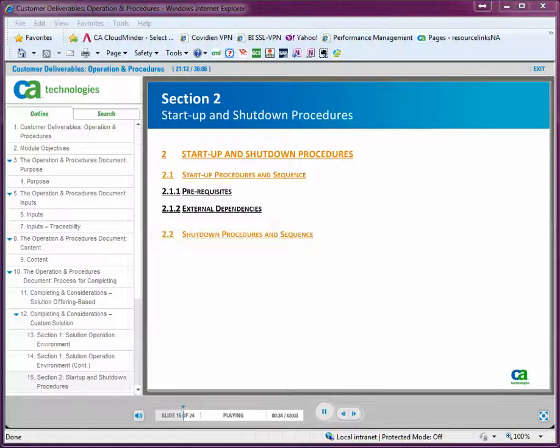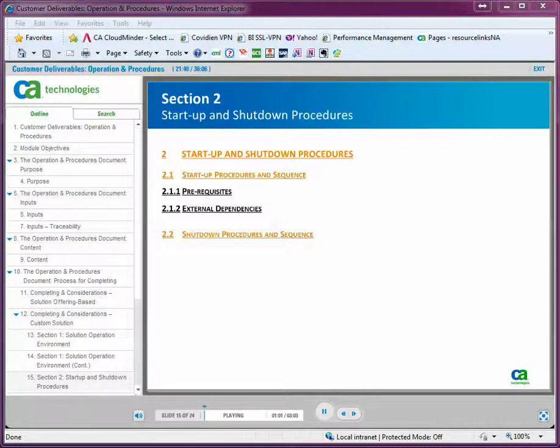An example of sequencing and interdependency might be the Embedded Entitlements Manager, because this is a shared component and it must be available before any of the other components of the solutions are started. The Operations Insight Connector servers cannot be started until Spectrum Infrastructure Management Distributed Spectro servers are available, or they may fail to connect.